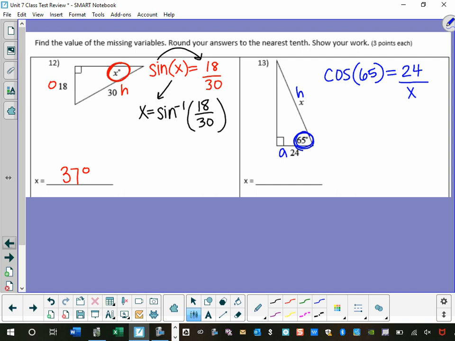All right, so now I can solve this by making a proportion. I'm going to put this over 1, then I cross multiply. 1 times 24 is 24, and x times cosine of 65. All I'm doing is just cross multiplying. How do I get x by itself?